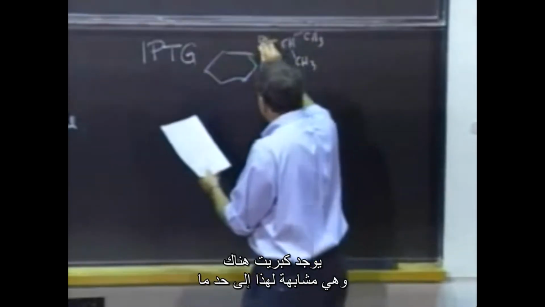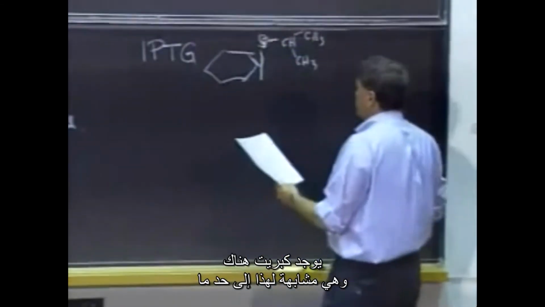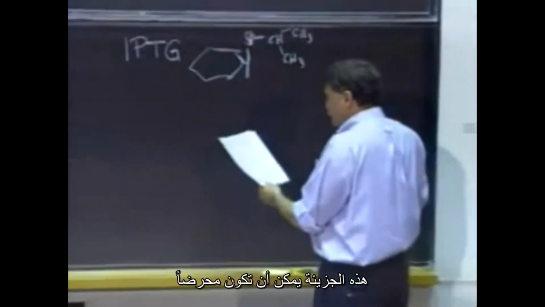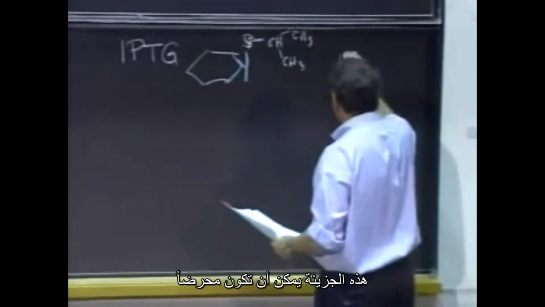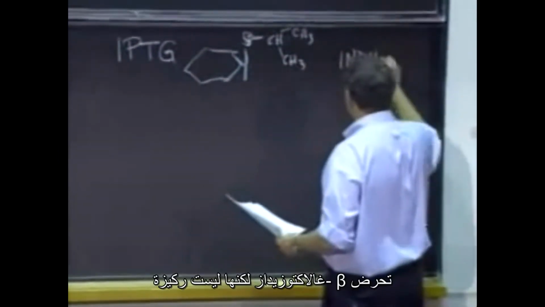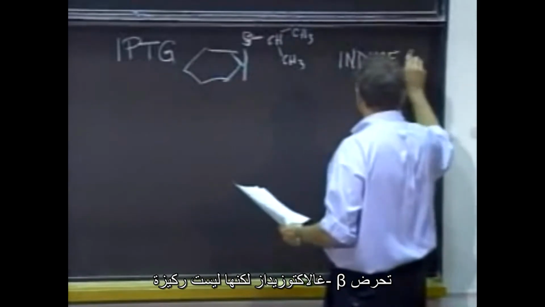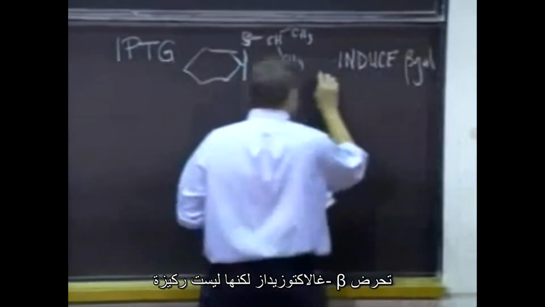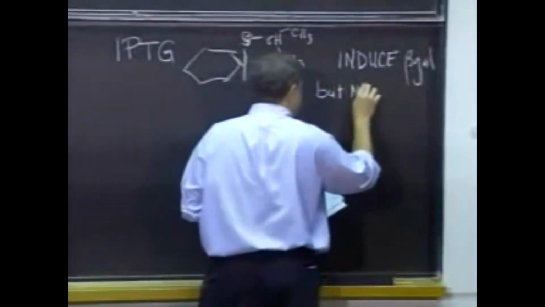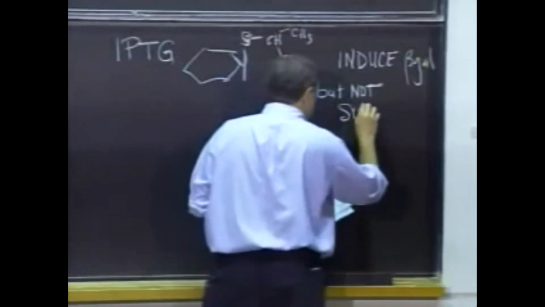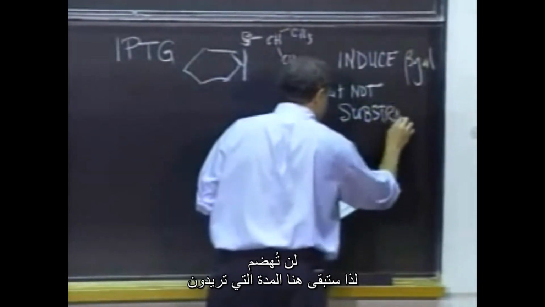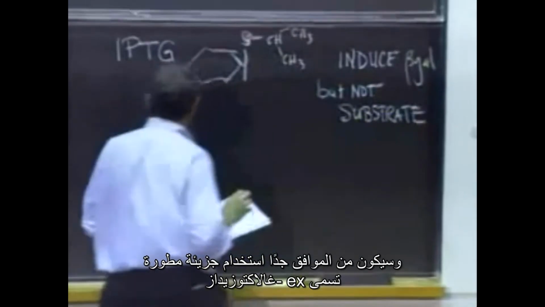There's a sulfur there, and you can see it's vaguely similar. This is able to be an inducer. It'll induce beta-gal, but it's not a substrate. It won't get digested, so it'll stick around as long as you want.